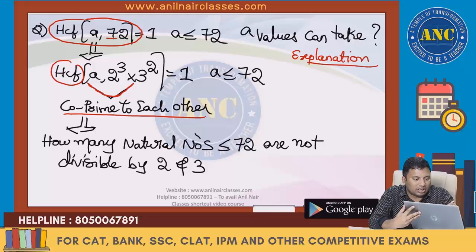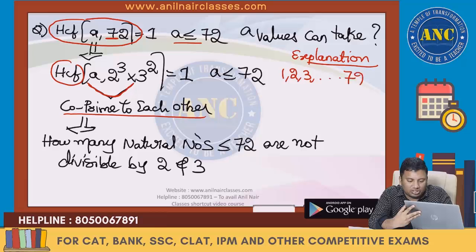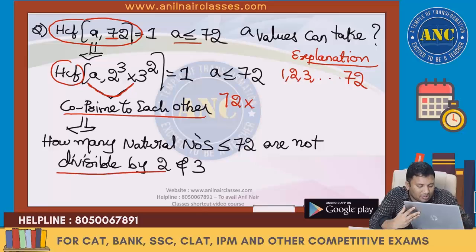Suppose there are 72 natural numbers in total: 1, 2, 3 and so on up to 72. Out of these, A should not be divisible by 2.